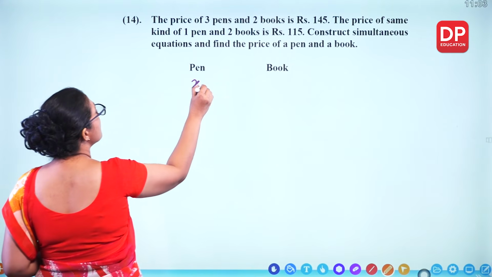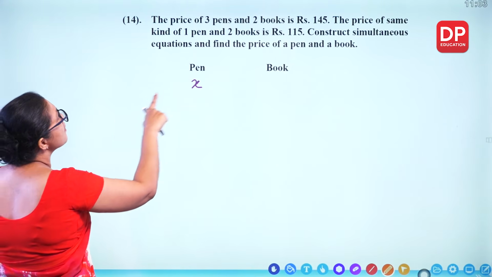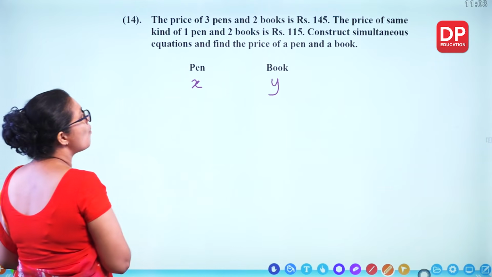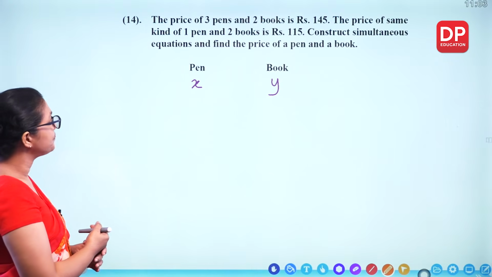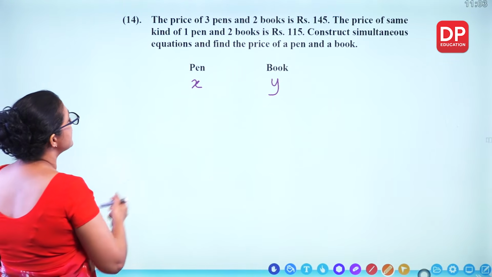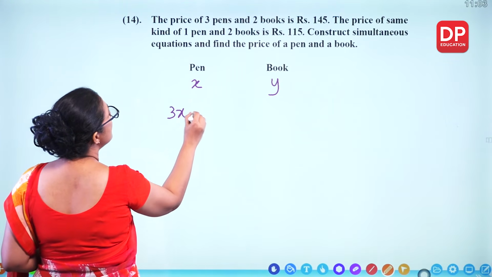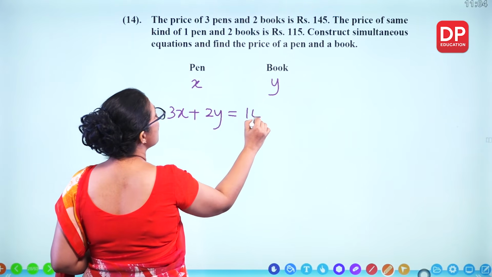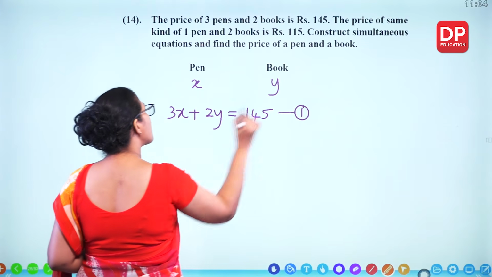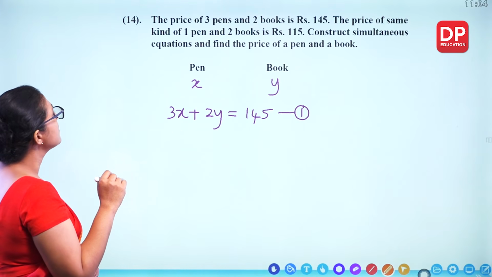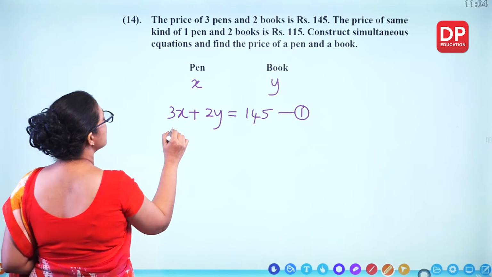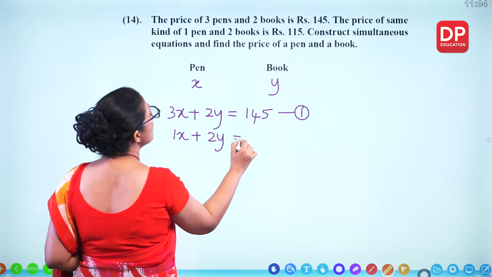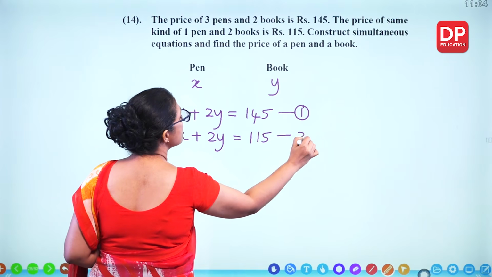We'll take the price as x for a pen and the price as y for a book. 3 pens, that means 3x. 2 books, that means 2y. The total is 145. That's our first equation. Second one, 1 pen, 1x, 2 books, 2y equals 115.